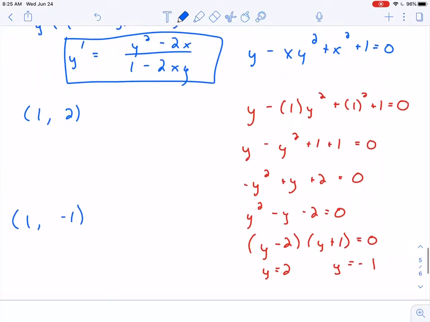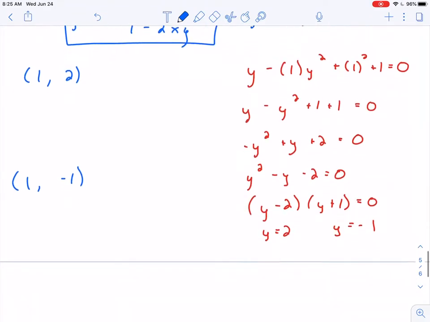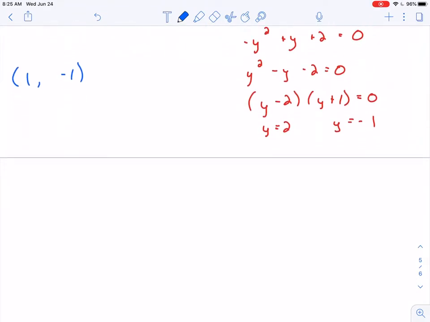So let me scroll down just to give myself some more room. We have the point (1, 2) and the point (1, negative 1). I have the points, which means the only thing I'm missing is the slope of the two tangent lines.